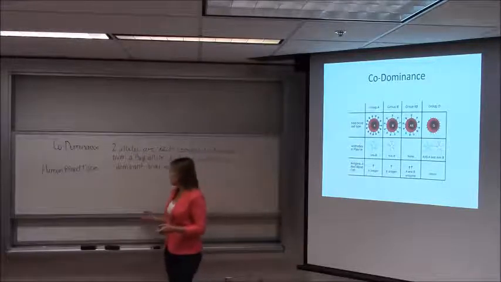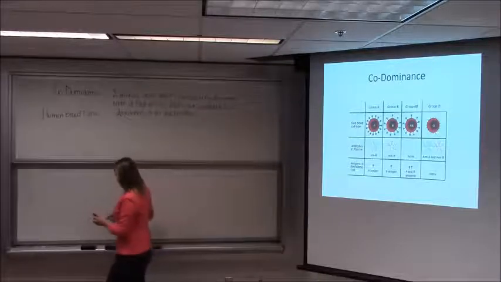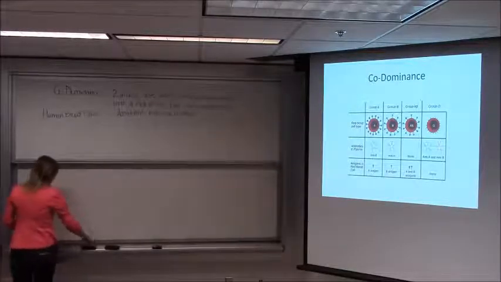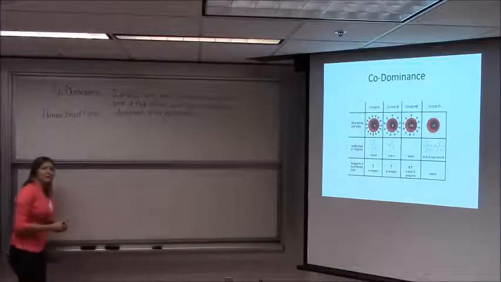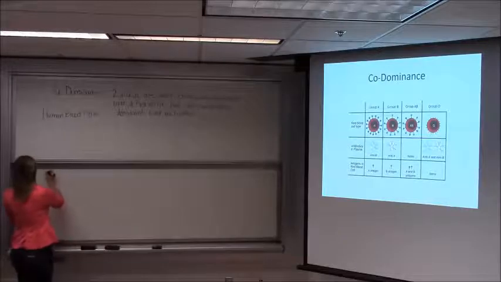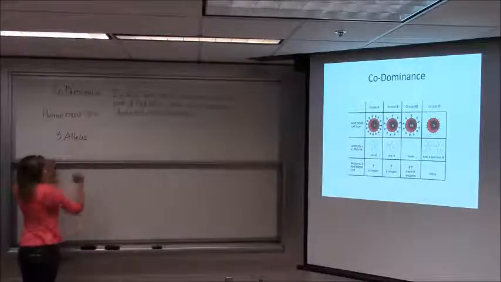And here's how that happens. I'm going to list the possible genotypes, and then we'll look at what the phenotypes are, and it'll make a little more sense. So 3 alleles for human blood type.